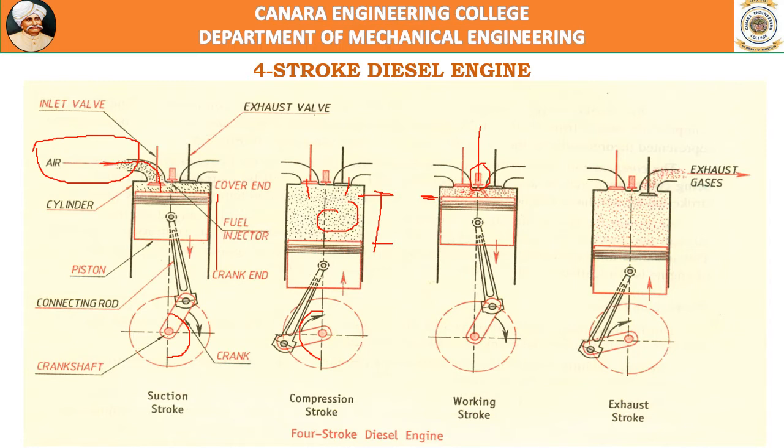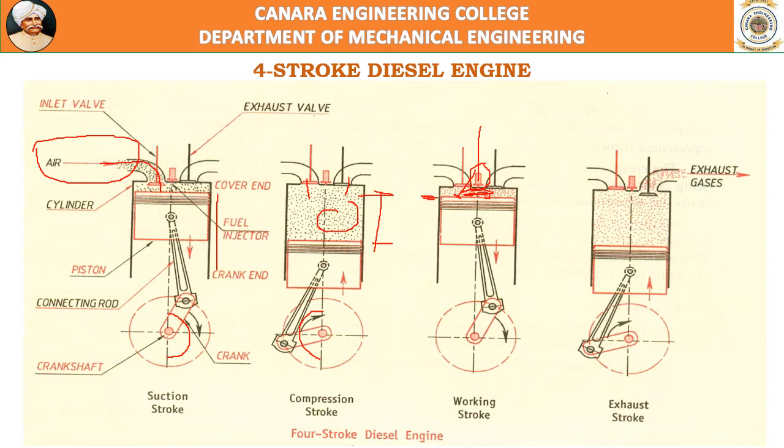When the diesel is injected into this air, which is at high pressure and temperature, the diesel starts burning automatically. Because the compression is so high here, the temperature and pressure achieved are very high, so when the diesel is injected, it automatically starts burning.